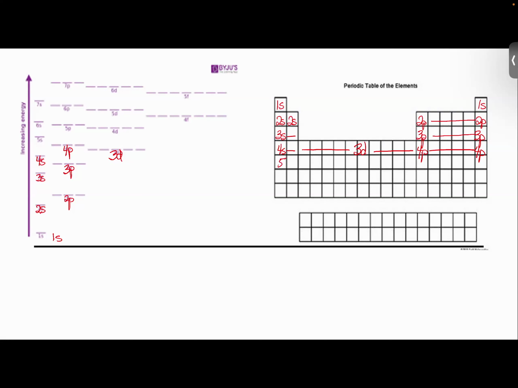If I keep going, I would have the 5S, then the 4D, then the 5P, 6S. At this point, everything gets very, very close together. Technically, the next thing in line, energy-wise, is the 4Fs.